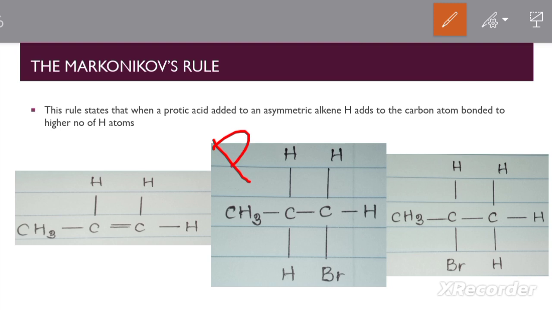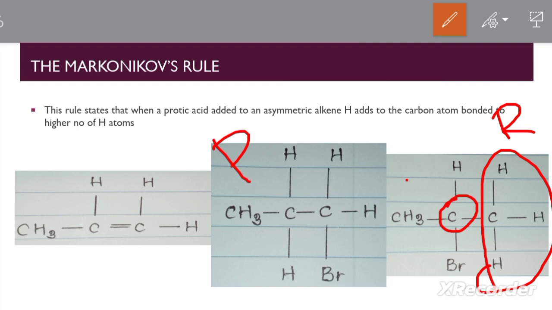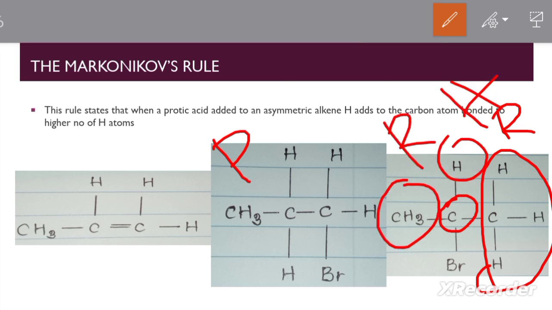Let's focus on the other one. This is the carbon where bromine is attached. So this is the central carbon. And to this carbon, one R group is attached and another R group is here. Here is a hydrogen atom. You should remove the bromine from the mind. So this is a carbocation with two R groups.